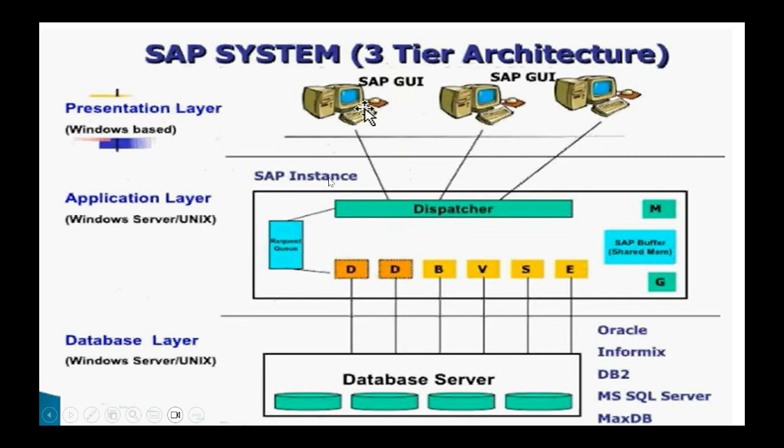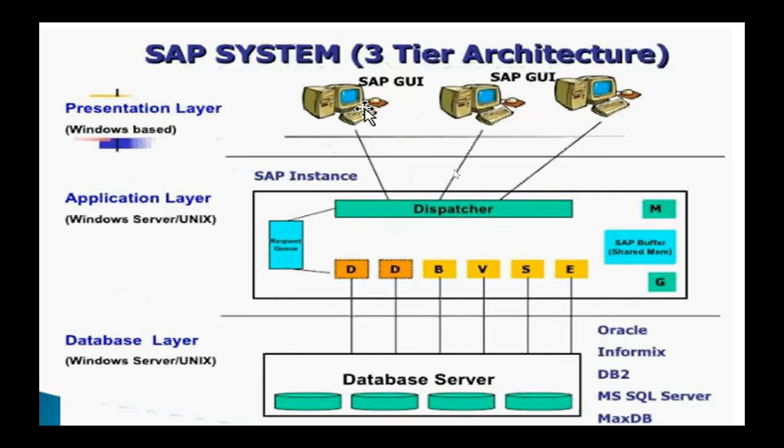What do you mean by instance? Instance is nothing but a group of resources. So all this group of resources is called an SAP instance. When the request from the presentation layer comes to the SAP dispatcher, the purpose of the SAP dispatcher is to distribute the work among the work processes.